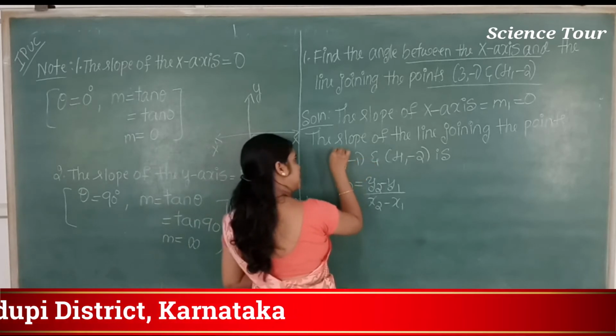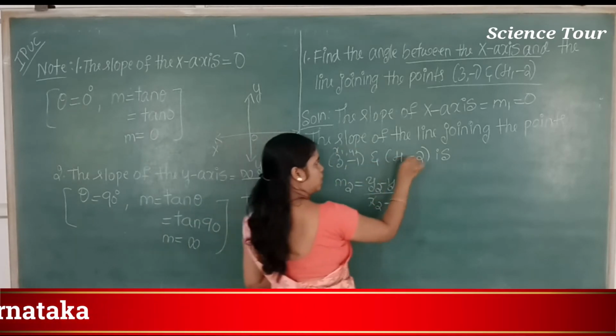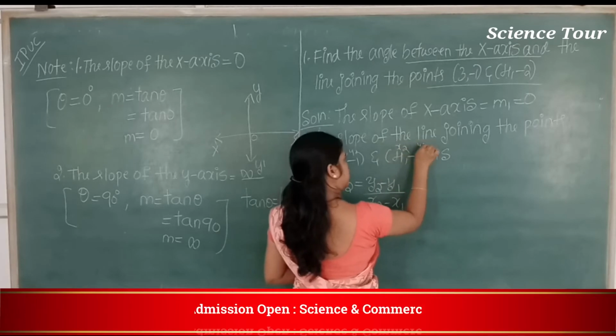So consider 3 comma minus 1 as x1 y1, and 4 comma minus 2 as x2 y2.